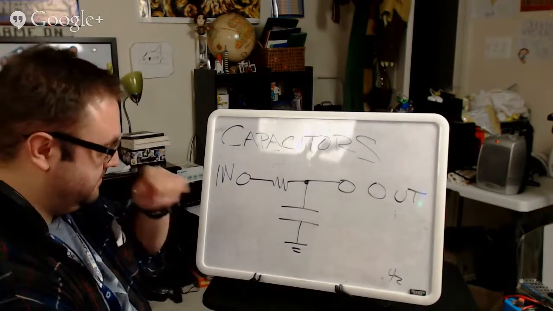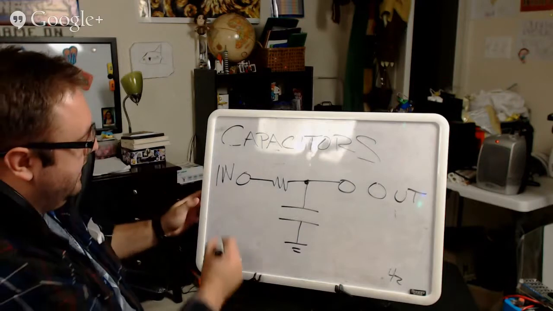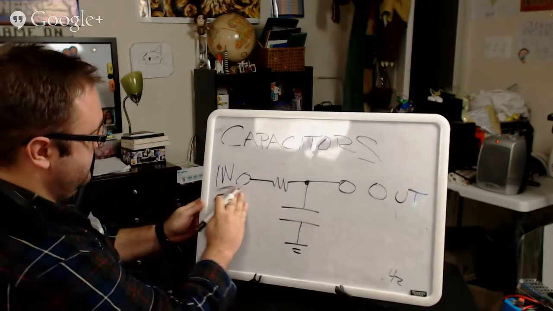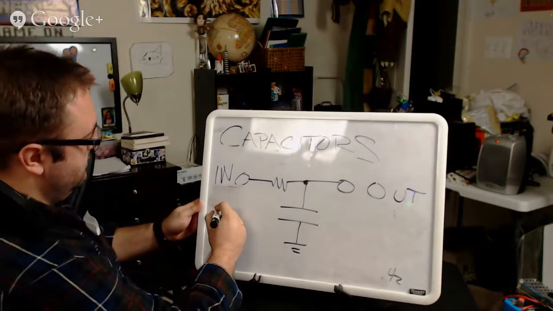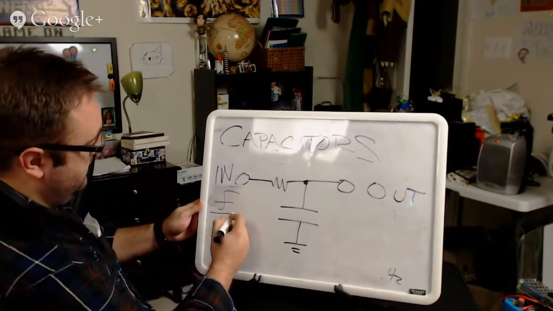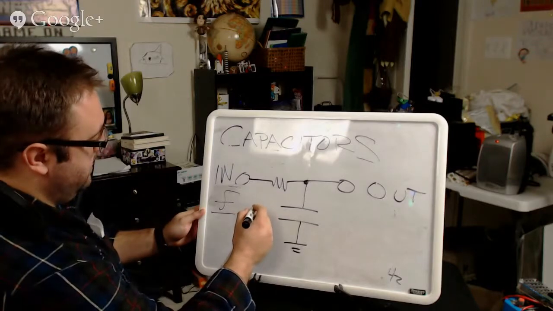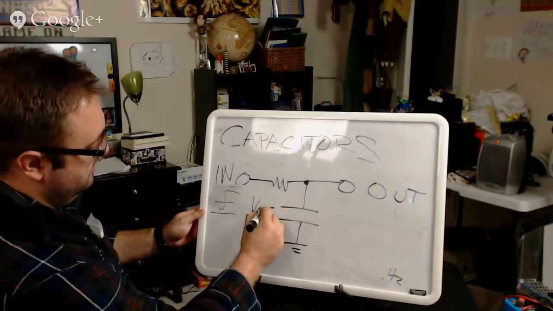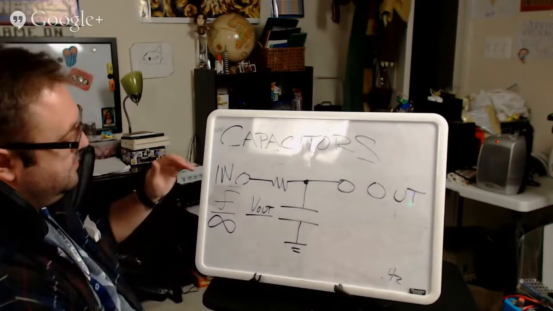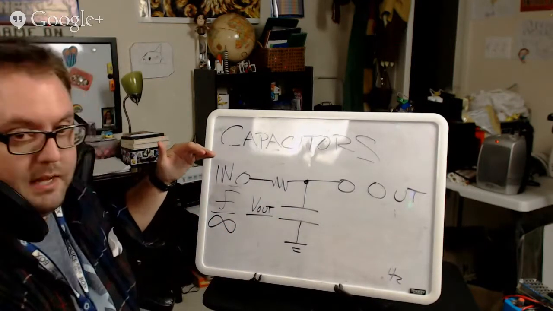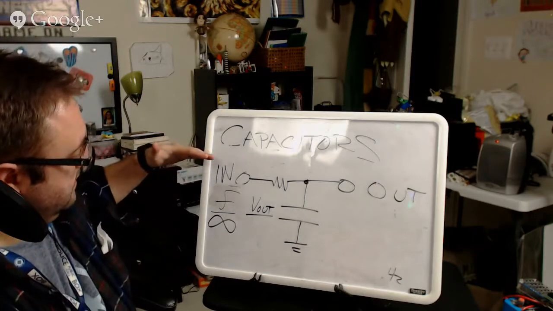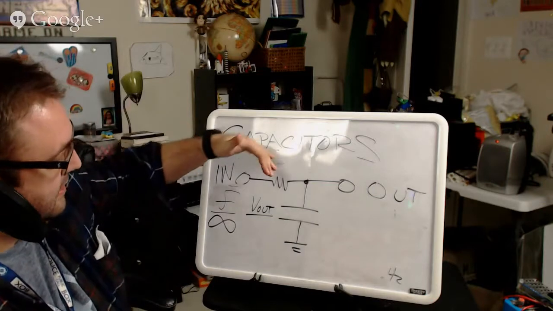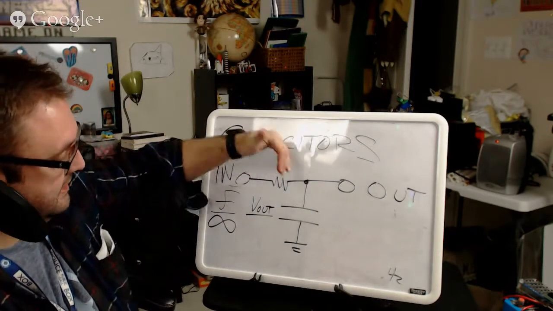Again, what happens if I put in a really high frequency? Let me erase this and make it a little easier to read. So with frequency, what happens to V out? If I put in a massive, really high frequency signal, the resistor doesn't care about frequency, but my capacitor here does.